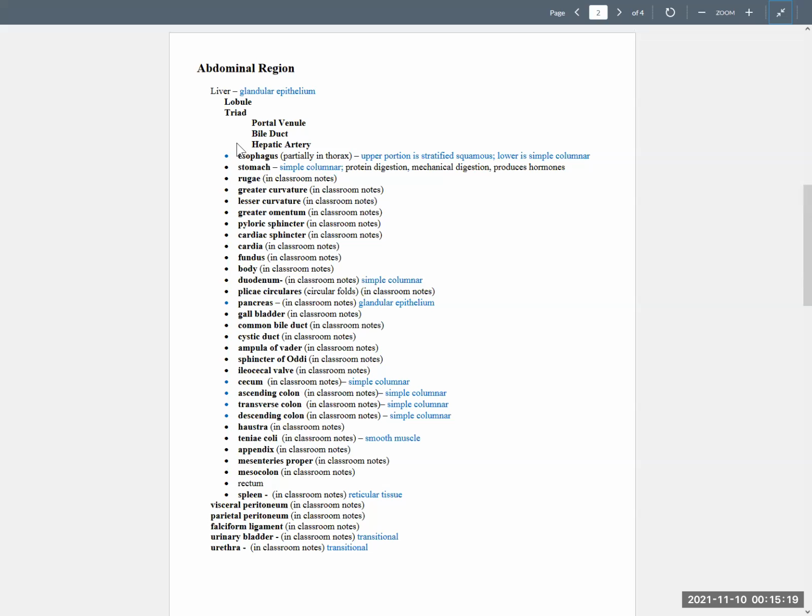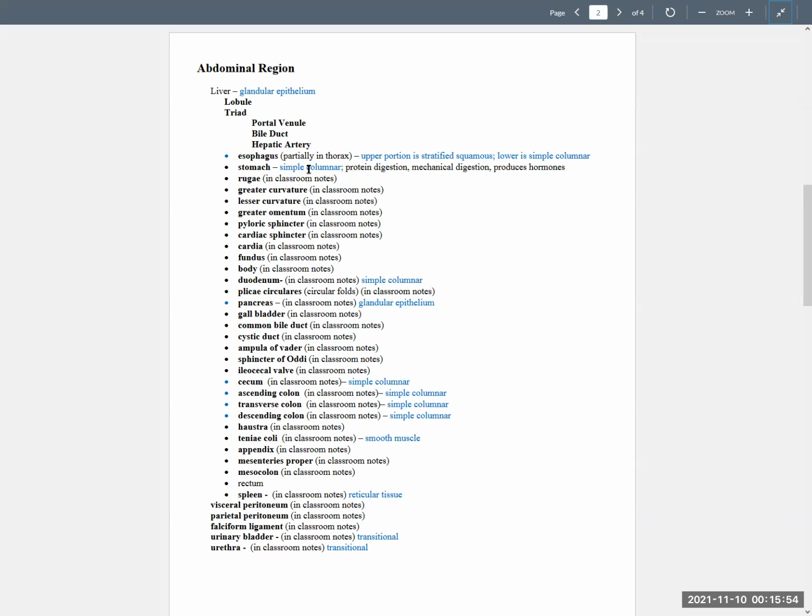In the abdominal region, you can begin to refresh from especially the digestive system, all of these structures. And at times I've told you what type of tissue they're made of. For some of them, we haven't discussed it yet. So as you go through and you see esophagus, how many times have I said, upper esophagus is stratified squamous, lower is simple columnar.